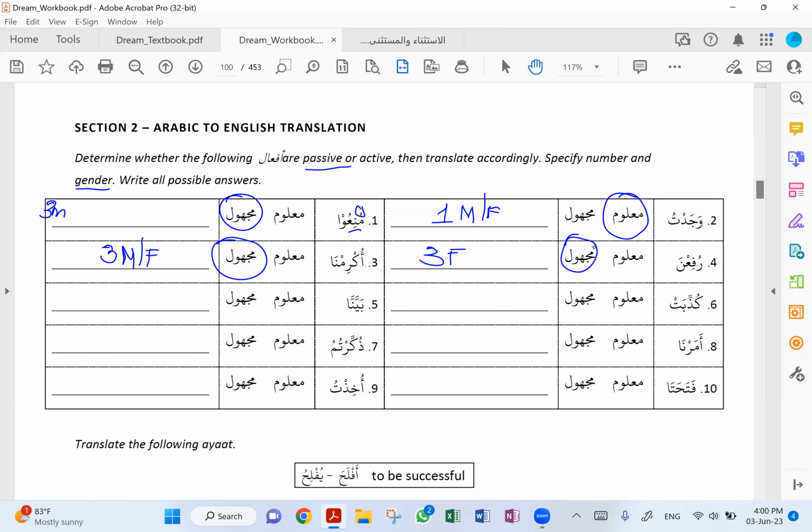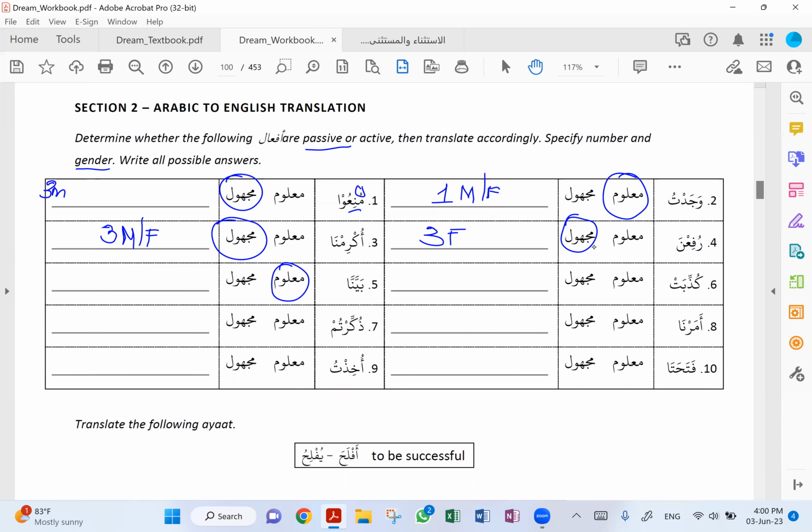Then number 5, بيّنة. This is معلوم. There's no U sound, so بيّنة is معلوم. بيّنة is to clarify. تبين is he clarified.